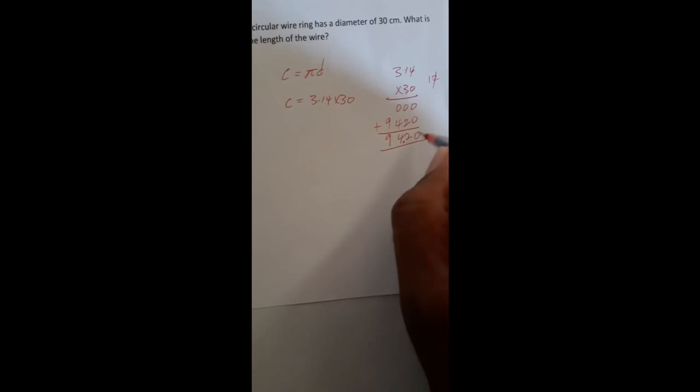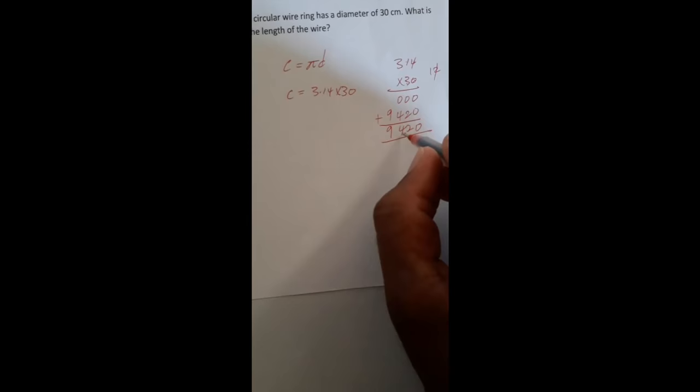We have 2, 4, 9. Good. Since this number contains 2 decimal places, I'll put 2, 1, 2. And again, since we have a 0 at the back here, the 0 doesn't have any value, so we can write our answer as 94.2. So C equals 94.2 cm. So that will be the circumference of the circle.